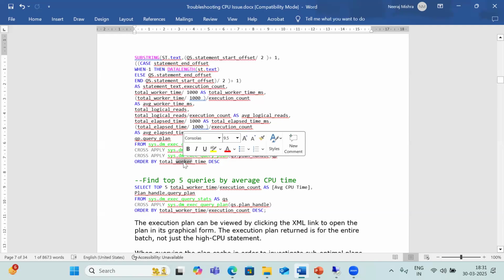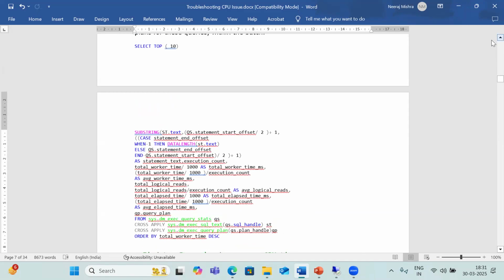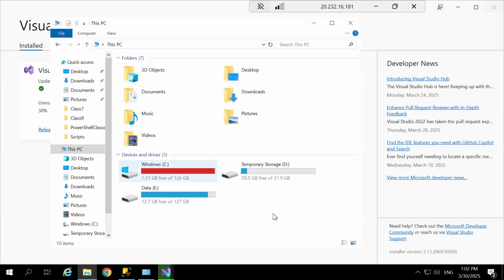How much time a query has spent under a worker for its complete execution is known as total worker time. Many people execute this query to get the top CPU consuming queries by elapsed time, and that is captured under total worker time. So let us talk about what this worker is.